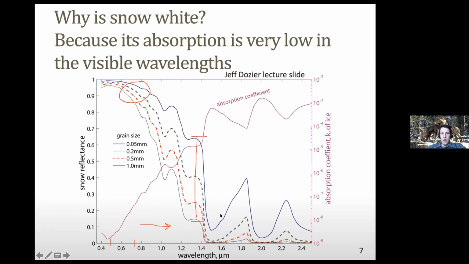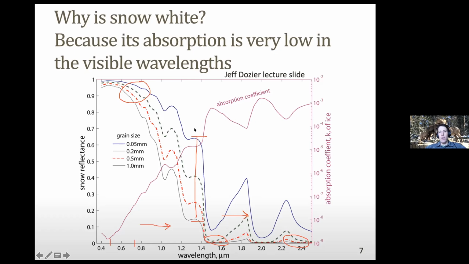And then as you move out further, past the near infrared into the shortwave infrared, the snow reflectance gets pretty dark, especially for these large grains. At some of these wavelengths, it's black because it's zero reflectance. So that's what's going on with the reflectance of the snow.